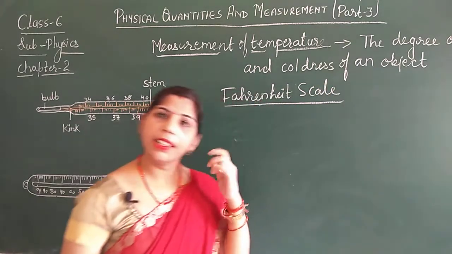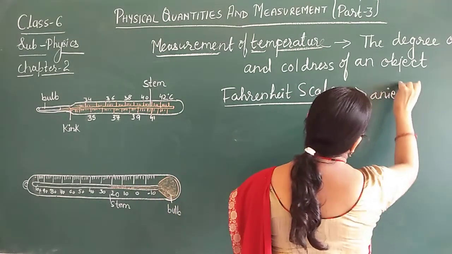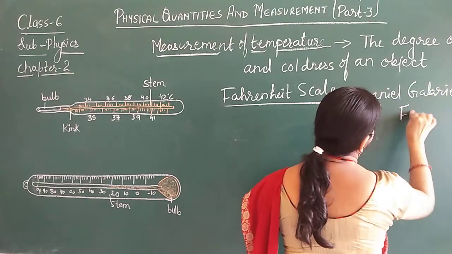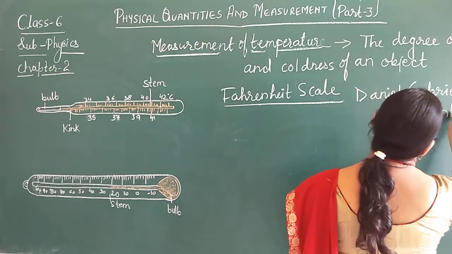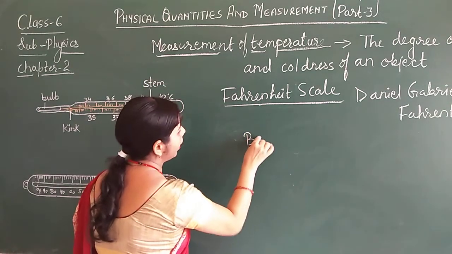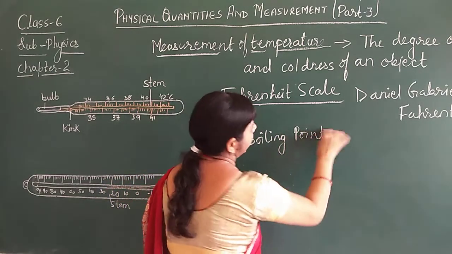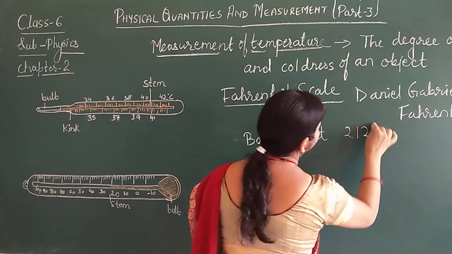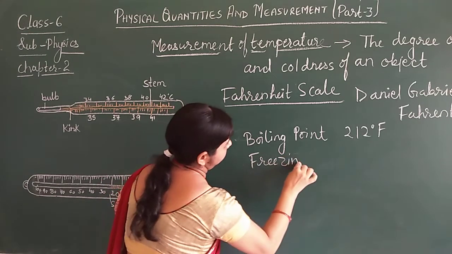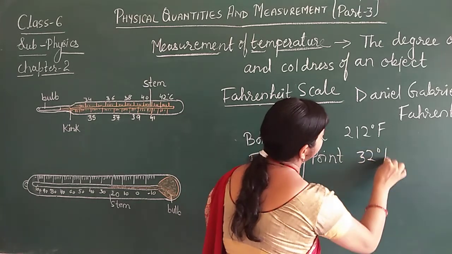This Fahrenheit scale was discovered by Daniel Gabriel Fahrenheit. As per this scale, the boiling point is 212 degree Fahrenheit, and the freezing point is 32 degree Fahrenheit.